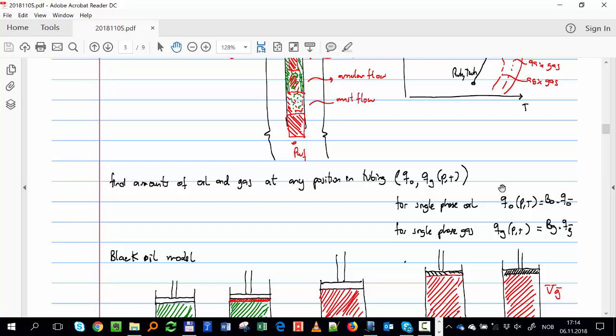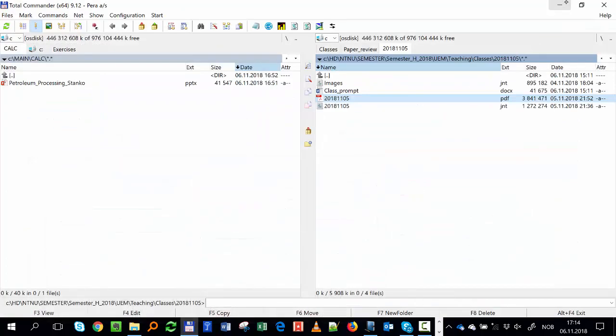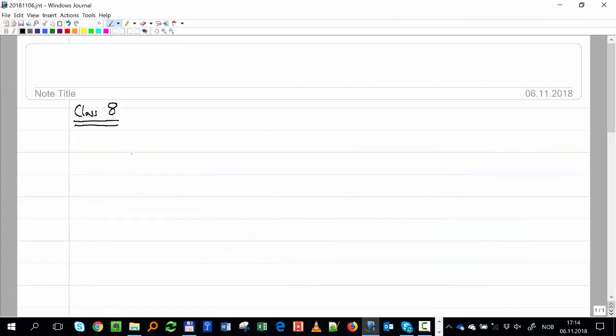Even if the gas is relatively dry, it's still going to have some liquid, either from condensation or, as we will see later, also from condensation of water. The gas, when it's in the formation, if you remember most formations, they are water wet. Okay, so if you have the pore, you have some water around.